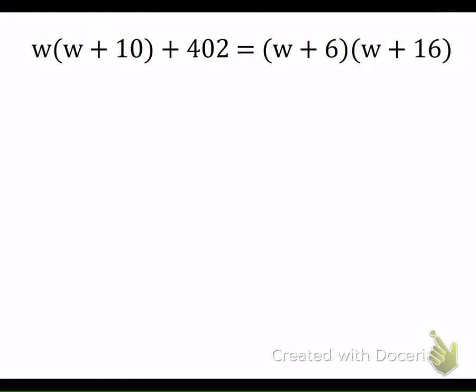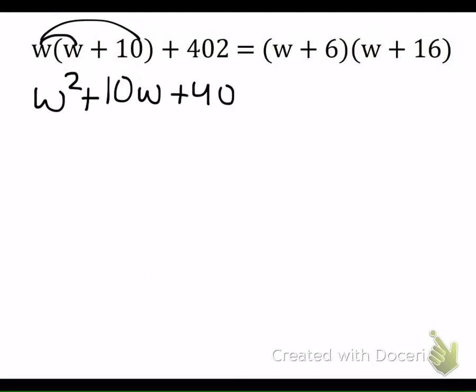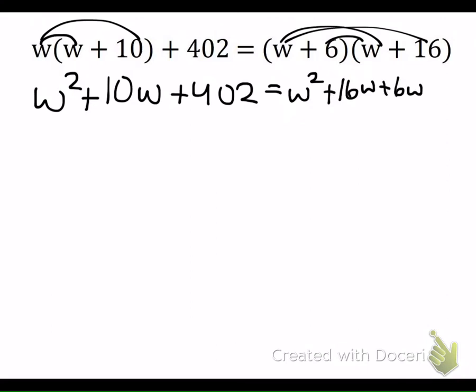Now, there's a little more distributing going on. We have to distribute the W to a binomial this time. So W times W is W squared plus 10W plus 402 equals, we got some double distribute back here, W squared plus 16W plus 6W.